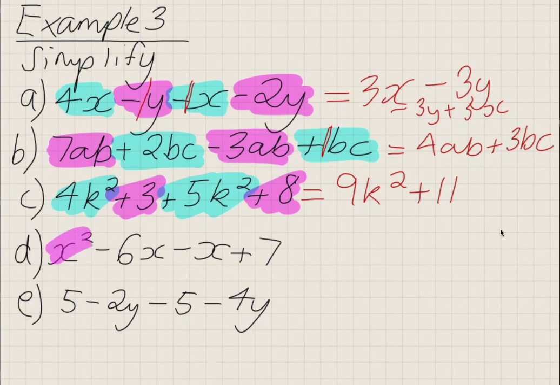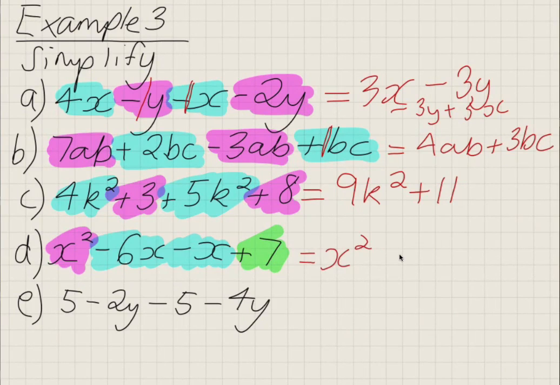Here we have x squared, and there aren't any other x squared terms here. We have x but no x squared. So minus 6x and minus x will go together. And then we also have 7 hanging out by itself on the end. So x squared stays by itself out the front.